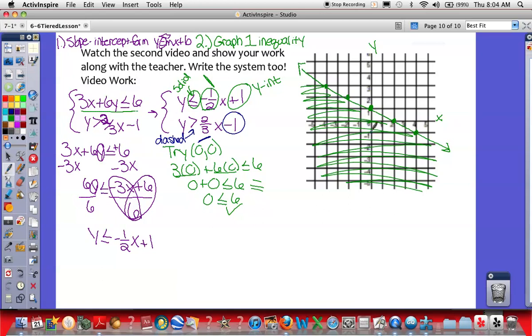So we start at negative 1 on the y-axis, go up 1, 2 to the right, 1, 2, 3, up 1, 2 to the right, 1, 2, 3, down 1, 2 to the left, 1, 2, 3, and then make it dashed with arrowheads. Make sure it extends on the whole coordinate plane.